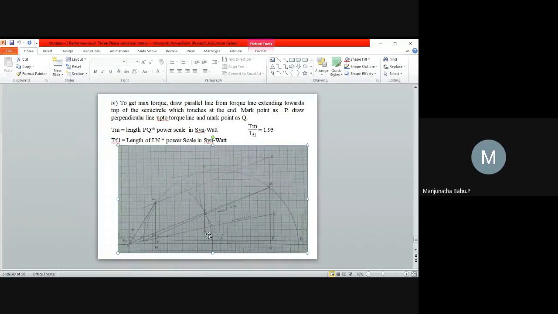Now the maximum torque will be the length of PQ into whatever power scale we have considered. The unit will be in synchronous watt. If you divide this by 2 pi ns divided by 60, then you will be getting it in terms of Newton meter.